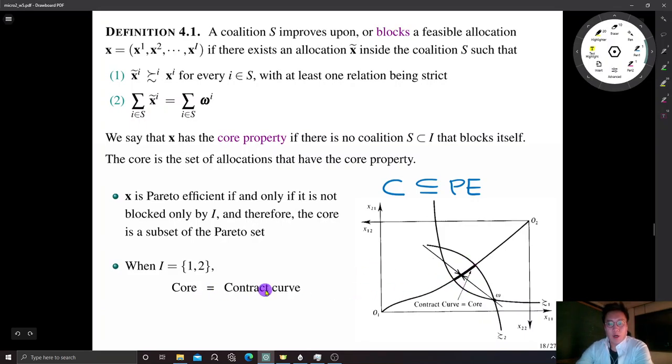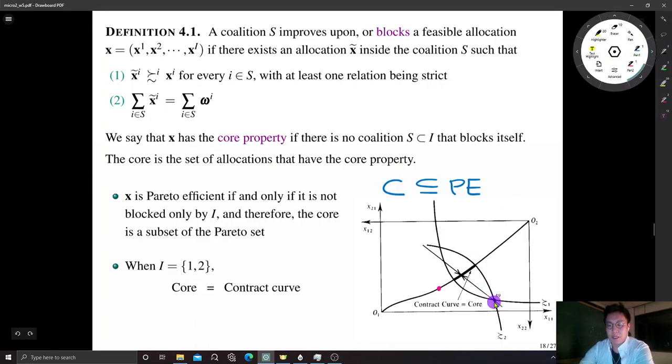for individual one to have an incentive to make a coalition with consumer two, right? The allocation must be here, because otherwise if the allocation was right here, say below this contract curve, then it's better to work individually just by consuming the initial endowment, right?